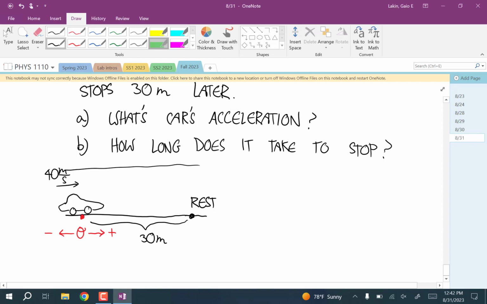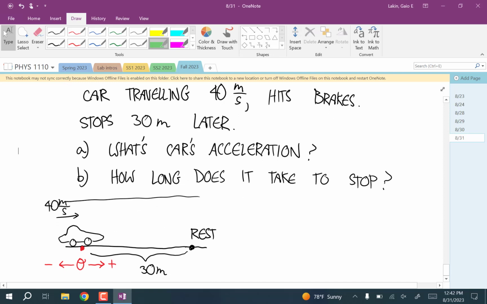So those are the two instants where we know stuff. Is there an instant where we're trying to find stuff? Well, no, because this is constant acceleration, so the acceleration that we're trying to find is true over every instant. It stays the same.